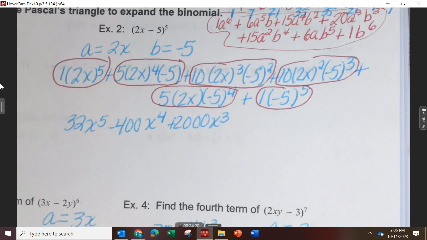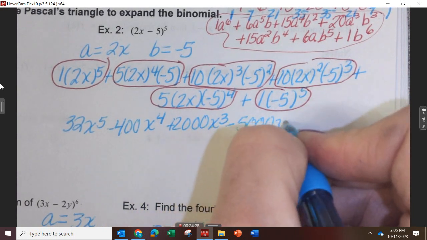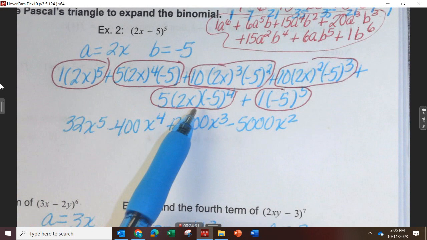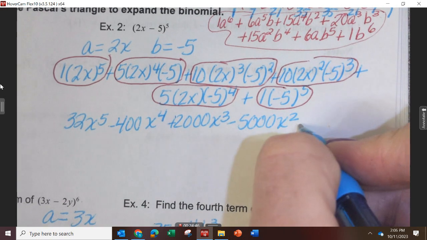Negative 125 times 4 times 10, right? Negative 5,000, can somebody confirm? Okay. Anybody know negative 5 to the 4th? 5 to the 4th? 625. Something you should know. So it's 625 times 2 times 5. 6250. Don't let me make a mistake on this.